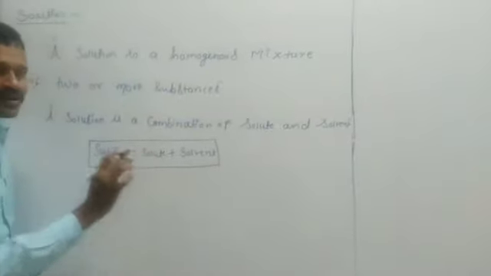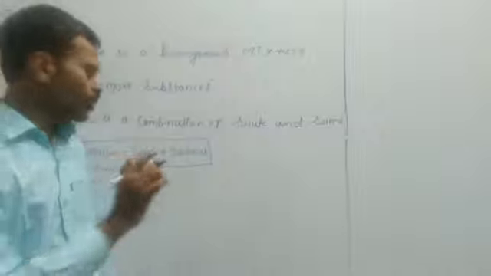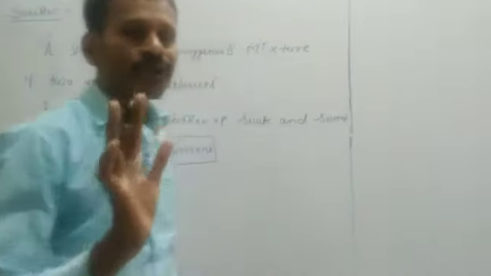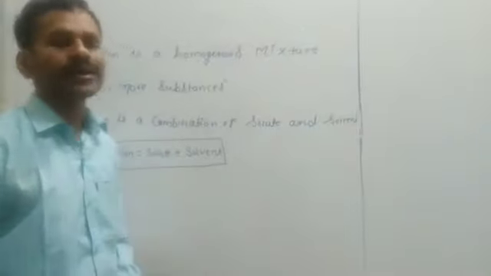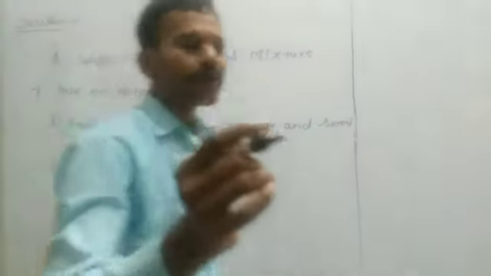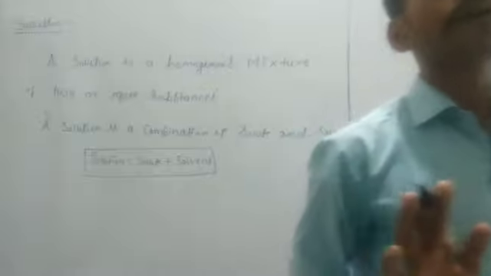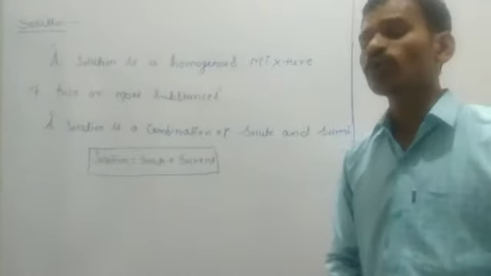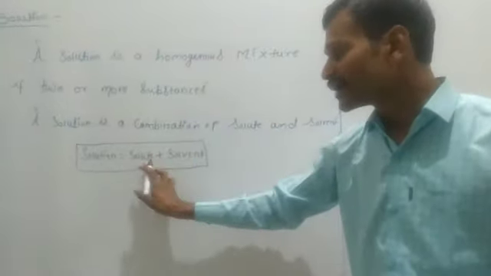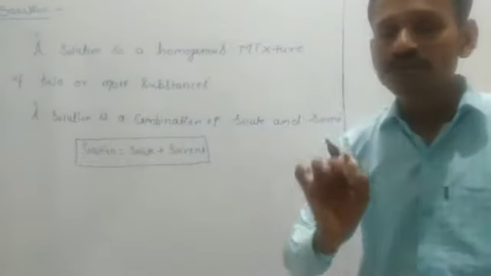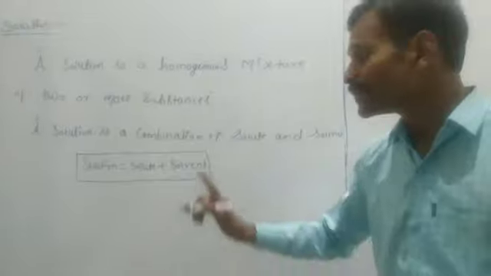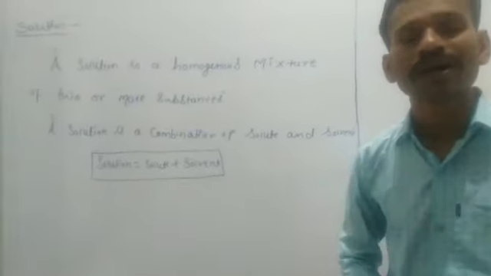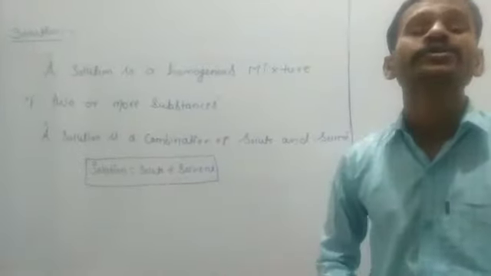If we know any two values from these three quantities, then we can calculate the remaining quantity from this formula. Now here, the solute is given as well as the solvent. So we also need to know what is meant by solvent and what is meant by solute.